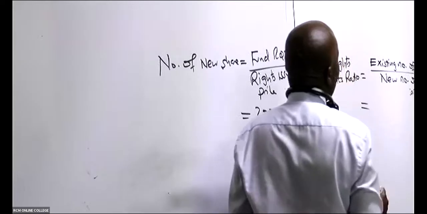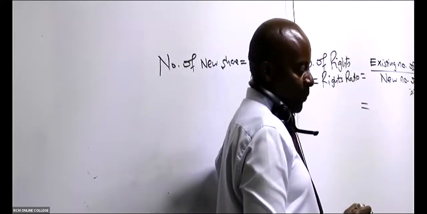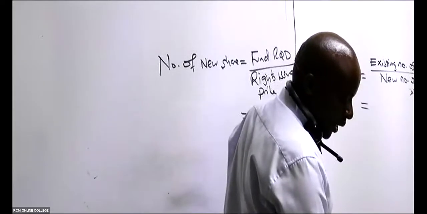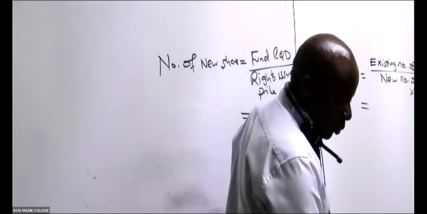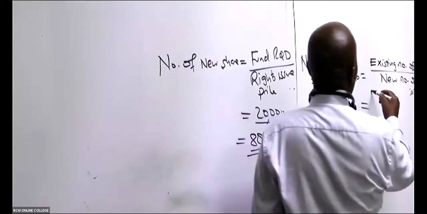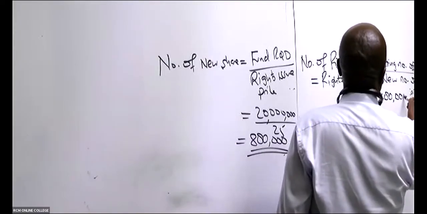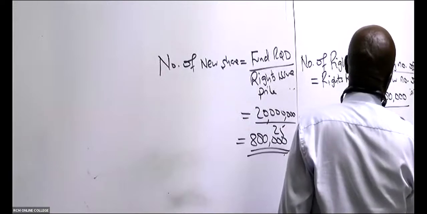So existing number of shares, how many are they? 2.4 million, isn't it? Divided by the new number of shares that you've just gotten here.